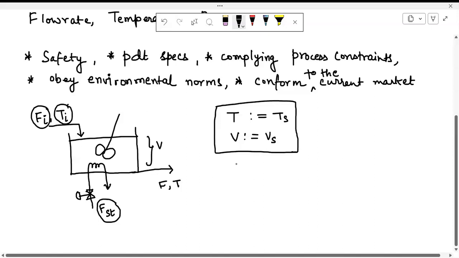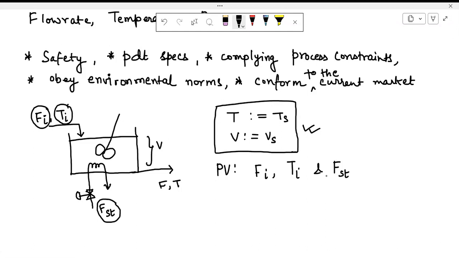So the major process variables, PV, that we need to be concerned about are Fi, Ti, and Fst. So some action is required so that we can maintain these conditions in case these process variables are facing some disturbance.